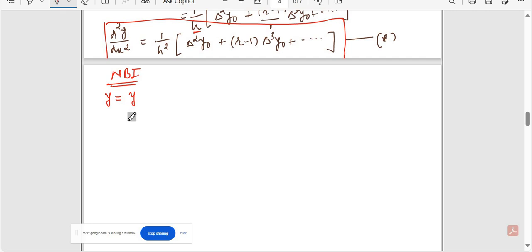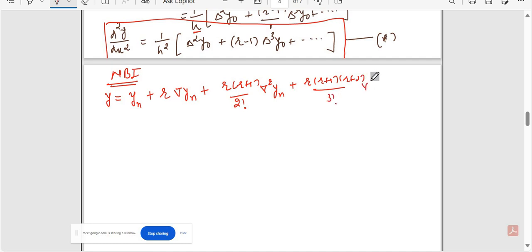Newton backward interpolation formula. No one? Formula is, sir, yn plus r nabla yn, very good, plus r into r plus 1 divided by 2 factorial nabla square yn, plus r into r plus 1 into r plus 2 divided by 3 factorial nabla cube yn, dot dot dot. Very good. Done. Okay, yn and so on.